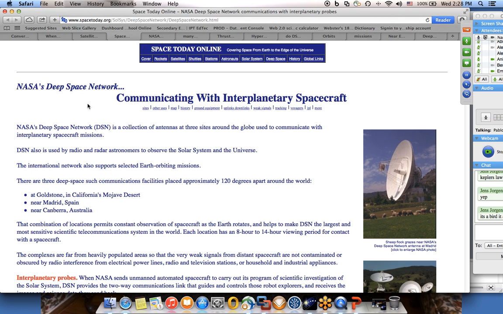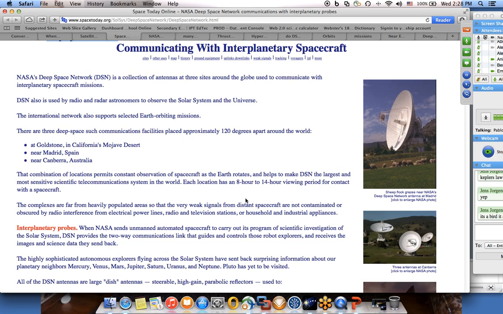Okay, and what we have set up is basically NASA has what is called the Deep Space Network, and this is a network of 3 stations that are basically 120 degrees apart on the Earth, and there's one of these stations close to Madrid, in Spain.